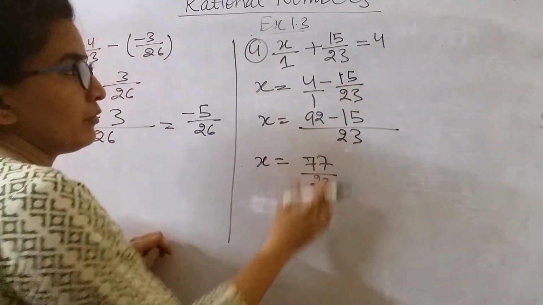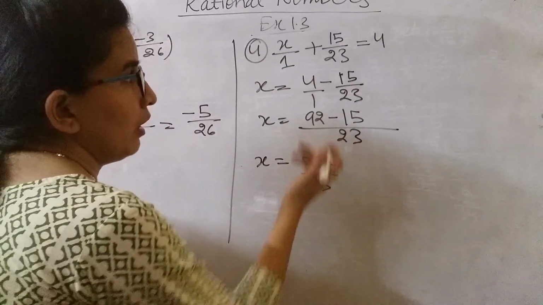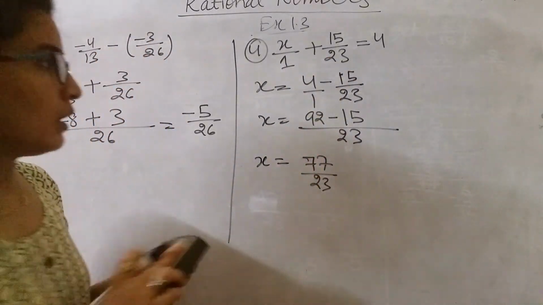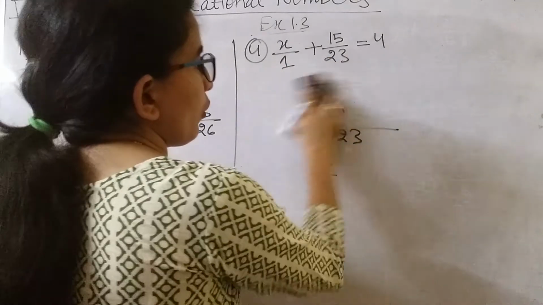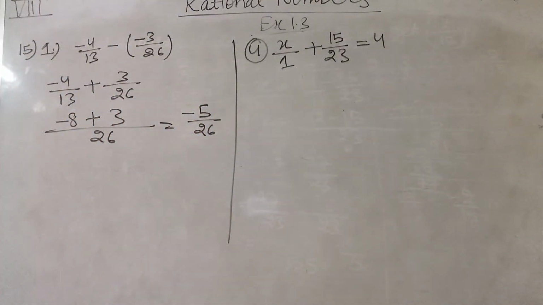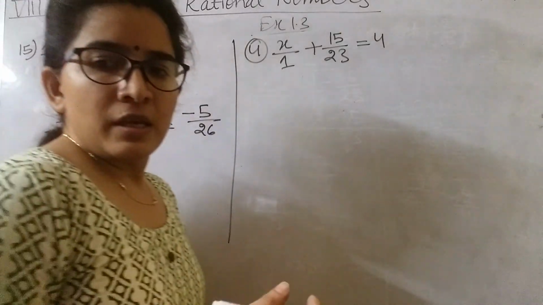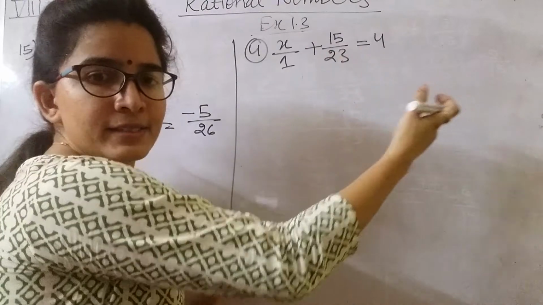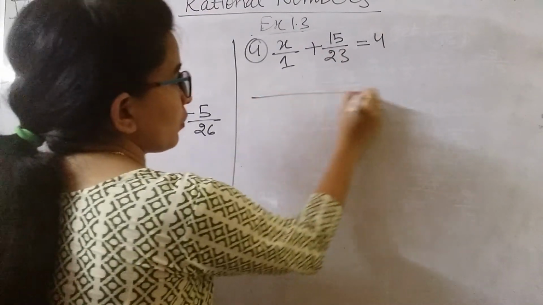If we do it in another way, we will solve it. Instead of carrying forward 15 upon 23 to the right hand side, we can solve it here too.